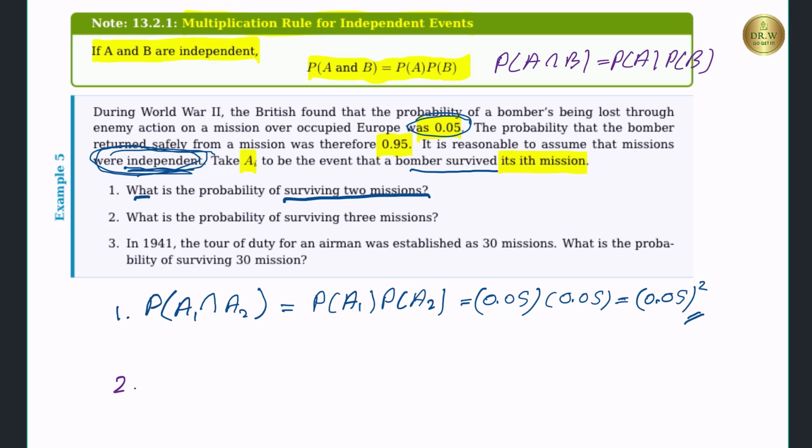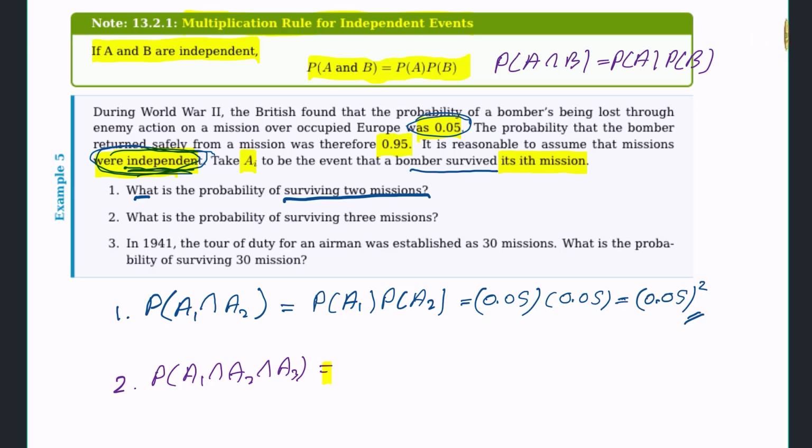Now let me explain number 2. What is the probability of surviving three missions? Yes, I think you understand now. He survived the first mission and the second mission and the third mission. Again, they are independent. If we don't know they are independent, then we cannot use the multiplication rule.